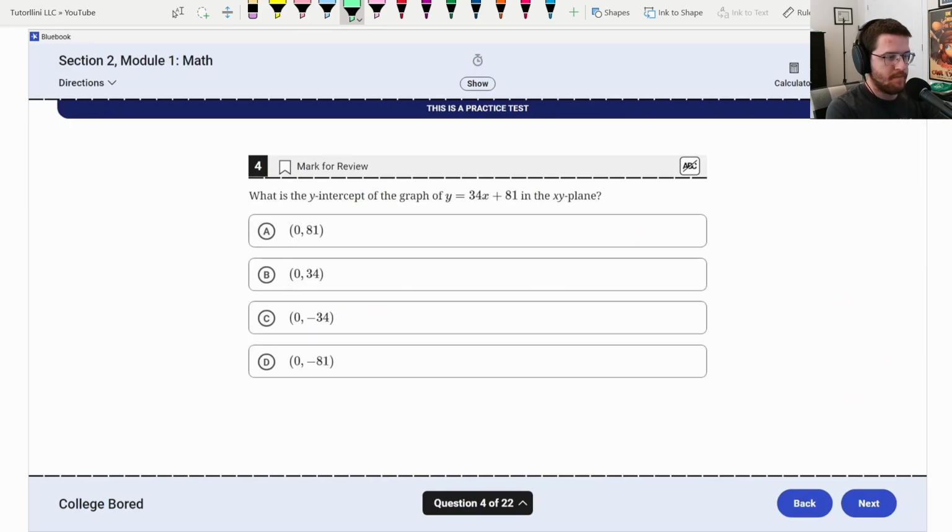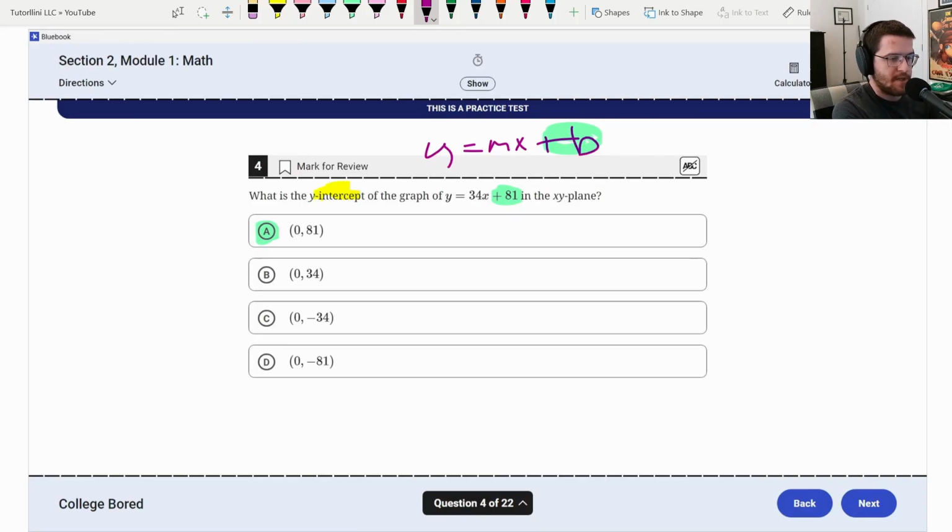Okay, question 4. So this question wants us to find the y-intercept. And you should know that when the equation of a line is written in the form y equals mx plus b, m is the slope, and b is the y-intercept. So I can quite literally just look at this and see that the y-intercept is 81, which gives me answer choice A. You should also know that to find an intercept, you make the other letter equal to 0.